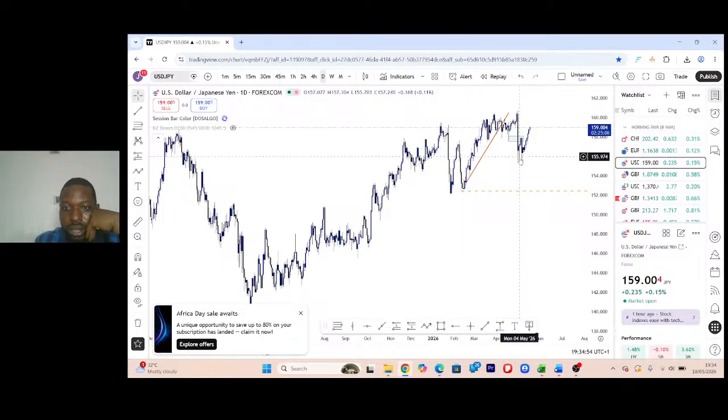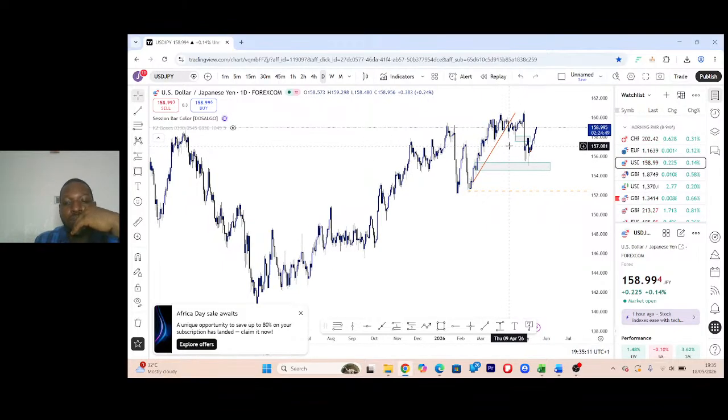Price actually came here, it broke this level, then went here, then it reacted at this order block. So for the price reversal, this is definitely on the buy side on the order block.